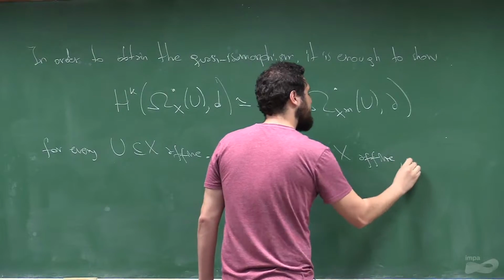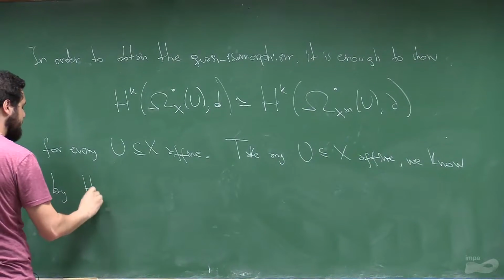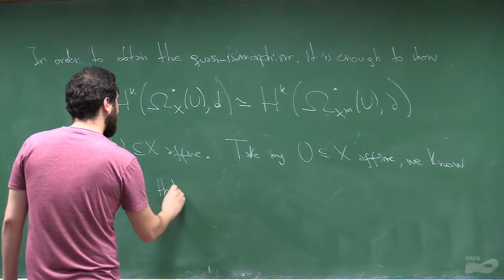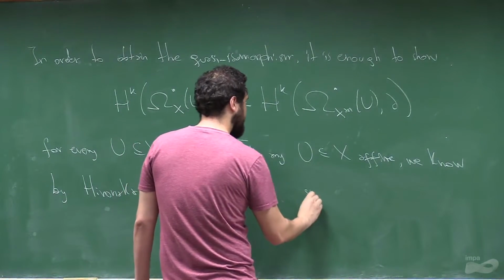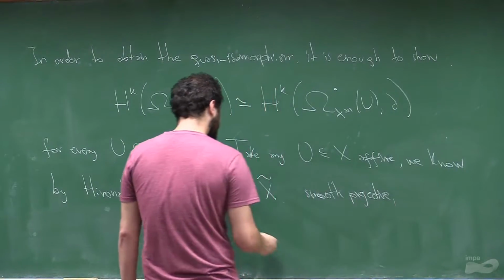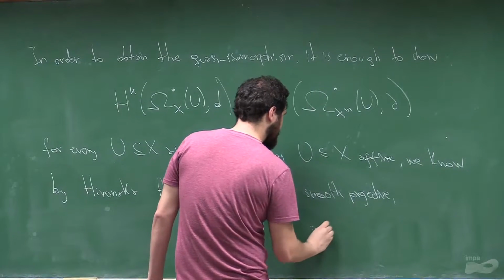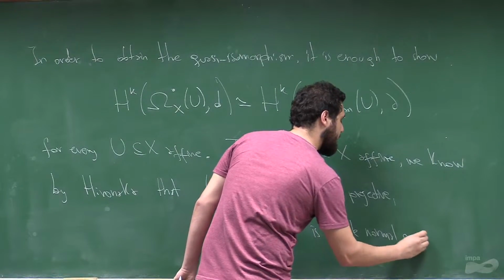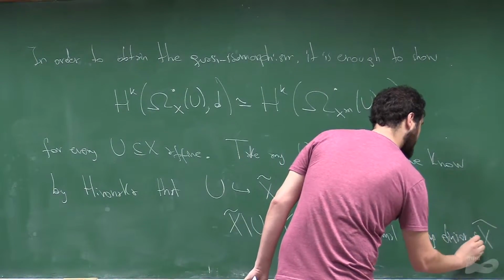We already know by Hironaka's resolution of singularities that we can embed U inside some other X tilde, smooth projective, such that X tilde minus U is some Y, an ample normal crossing divisor in X tilde.